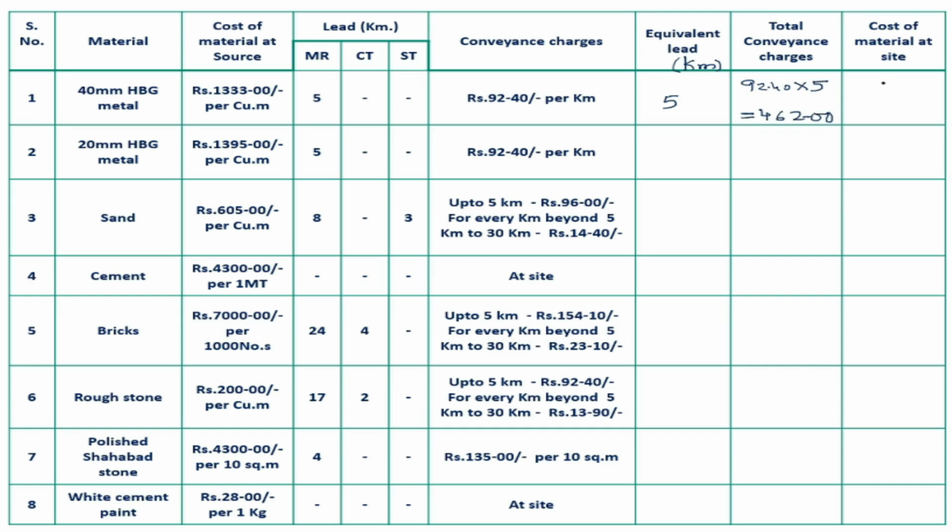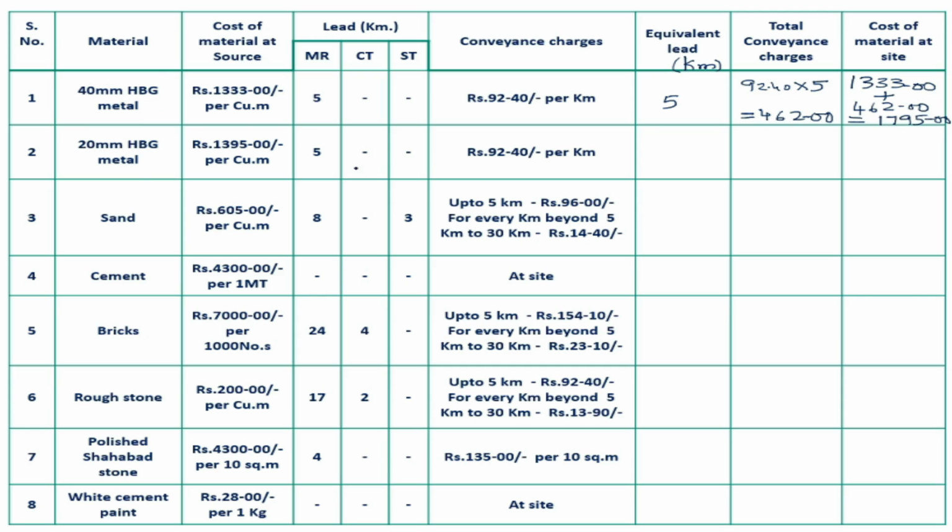And total cost of the material at site is source cost plus conveyance charge, which is equal to 1333 rupees plus 462 rupees. Total cost at the site is 1795 rupees.